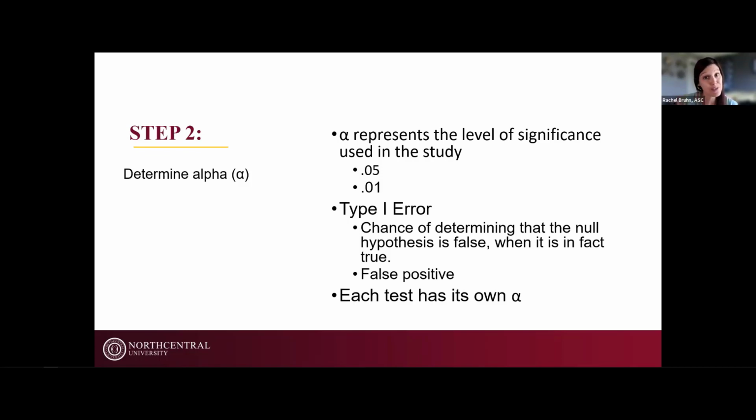We want to try to run as few as we can in order to test our hypotheses. Typically, it's one test per hypothesis. And again, we want to make sure that we have just a few hypotheses for our sample data to ensure that we're keeping that alpha level of our study low and reasonable, so we're not finding significance that isn't there.